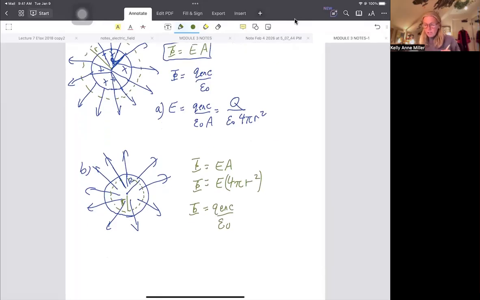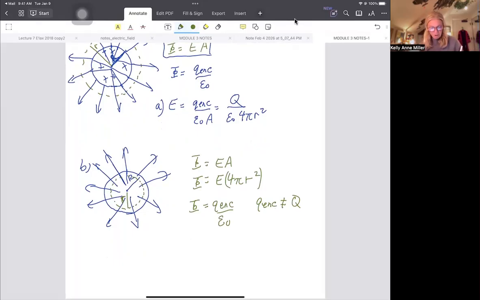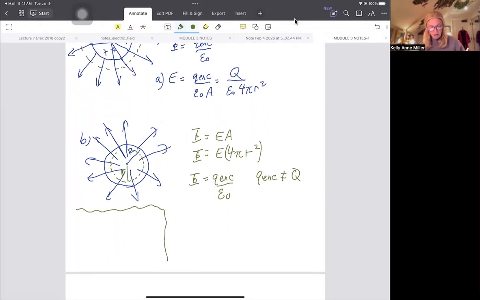But now the Q enclosed is not equal to the total Q that was defined in the problem. We have to use the geometry to find out how much Q is inside my Gaussian surface. So there's an extra step with this one, which I'll do over here. I know that the charge density is equal to the charge divided by the volume.